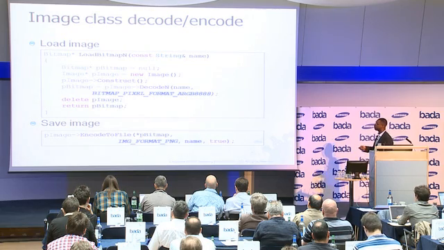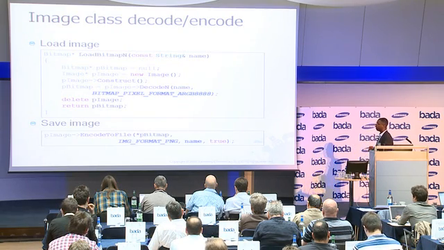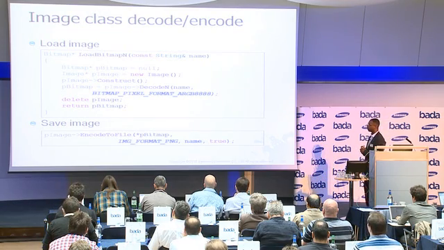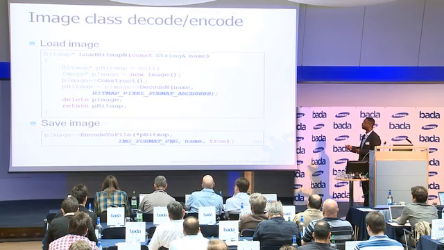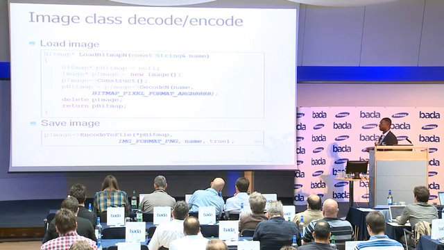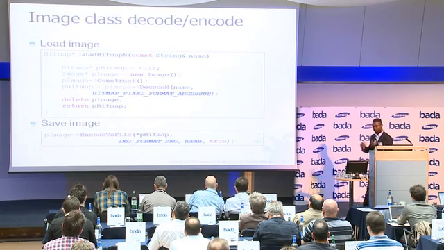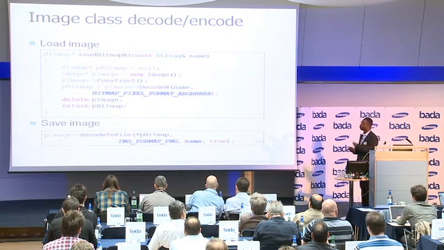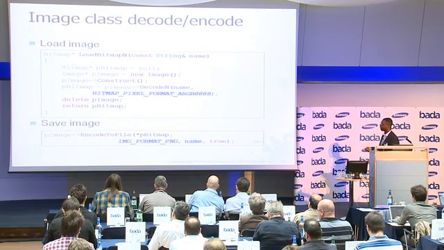With the image instance, we can call the decoding method, and we can pass the name of the file that we wish to decode, and we can also specify the format in which we wish to decode it into. Again, note it's an end-postfix method, so what this will return to us is a newly allocated instance containing a pointer to the bitmap. We can then return that bitmap, use it as we see fit, but the calling function has ownership of the returned memory as a result of calling an end-postfix method.